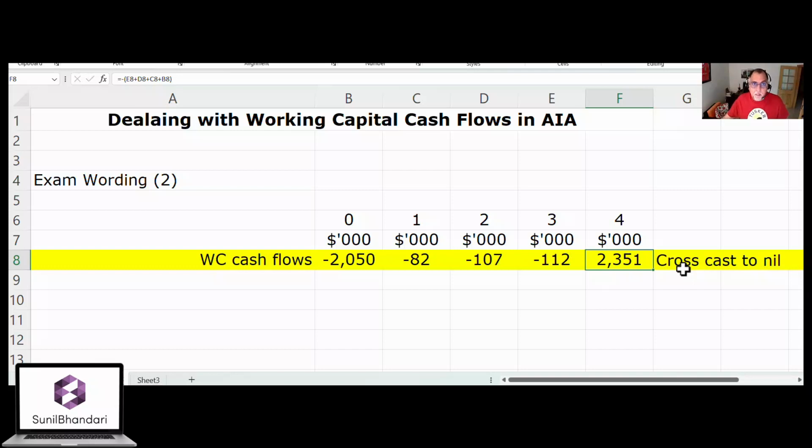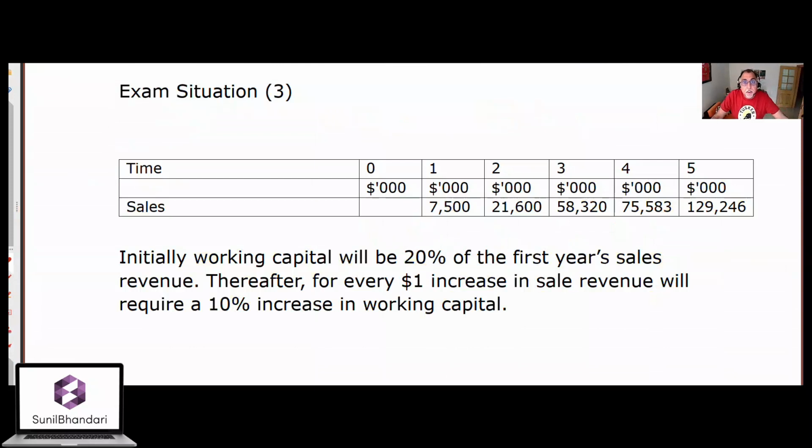Let's look at the final one, situation number 3. You can see some sales figures here for years 1 to 5, in thousands. Initially, working capital will be 20% of the first year's sales revenue. Thereafter, for every $1 increase in sales, there will have to be a 10% increase in working capital.